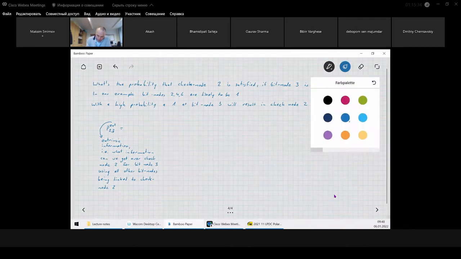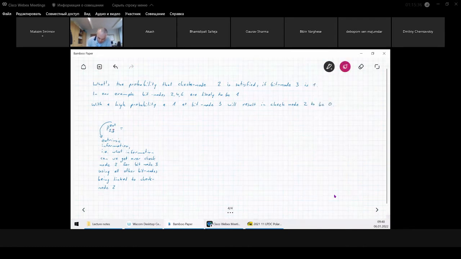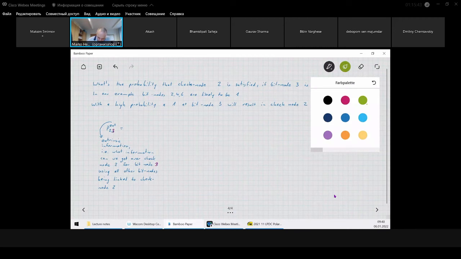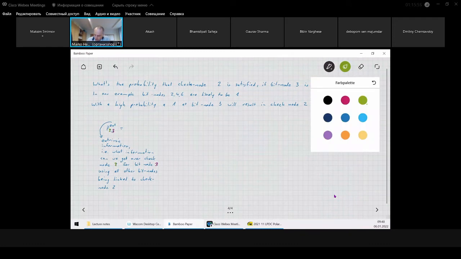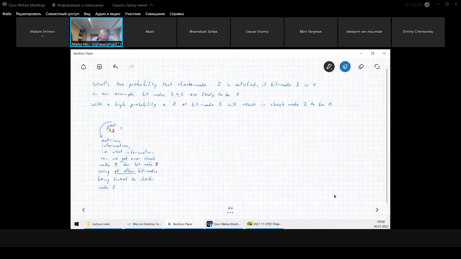Okay, let's use also some colors that we had before here. So we are interested in bit node 3. And of course, all the bits are linked to this over check node 2. And it's called extrinsic information because we use all other bit nodes, but not the bit node itself. So let me go back one slide.